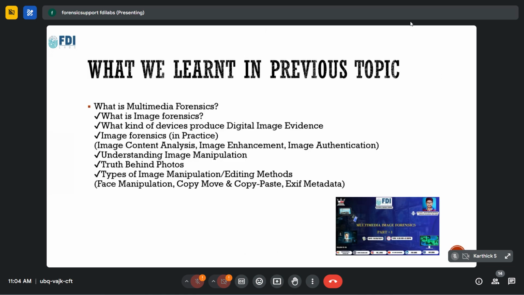So let's go through a glance of what we saw in our last session. It's advisable to see the last session to know about the basics of multimedia image forensics in depth. These are the topics we saw in the last session: what is multimedia forensics, the basics of image forensics and the devices that we use for digital evidence, what image forgeries are, plus the basics of image editing methods.